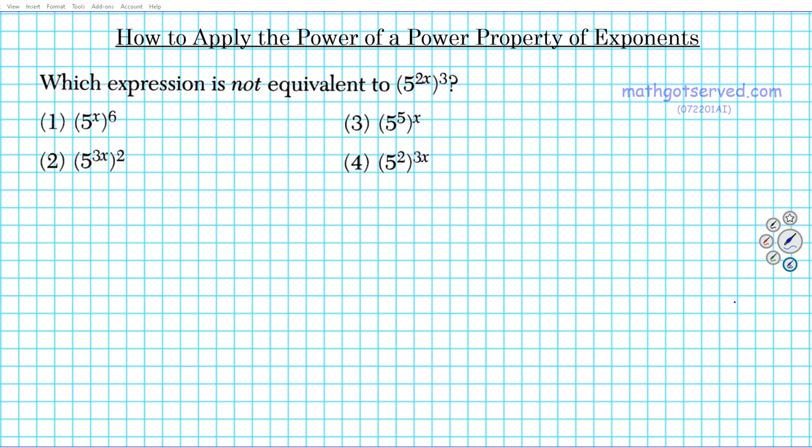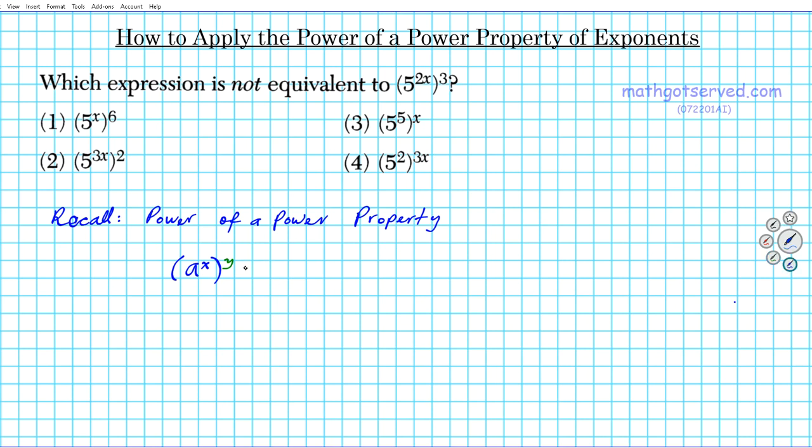So recall what the power of a power property of exponents is. If you have a power a to the x, and then you raise it to another power, let's say to the y power, how can this be simplified?